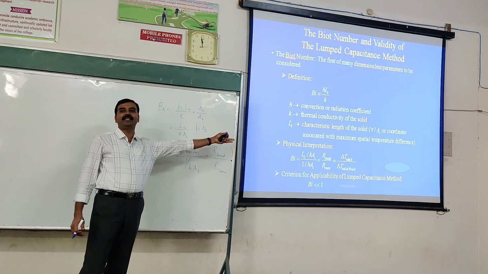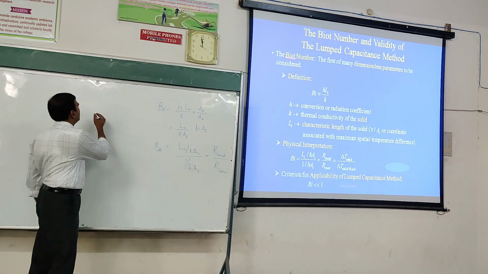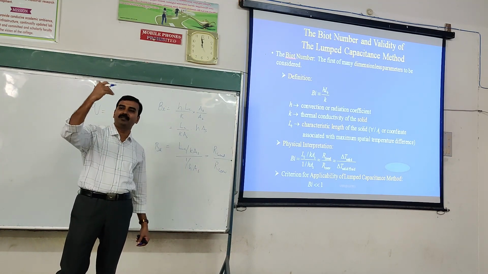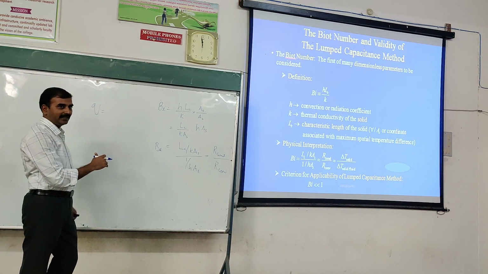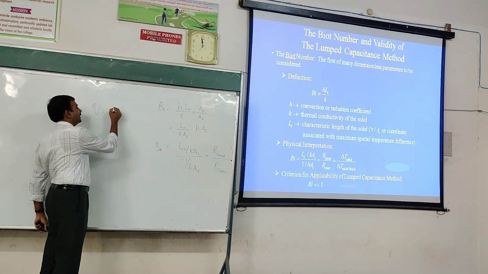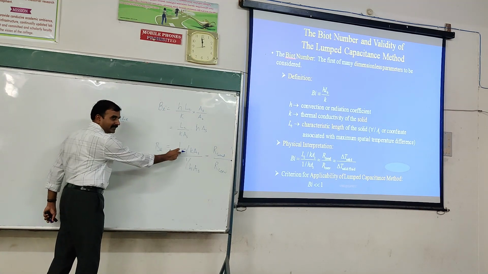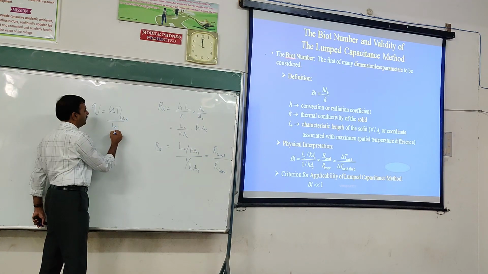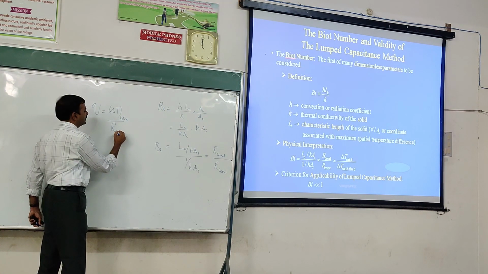You can further represent it in the form of temperature drop as well. See, suppose there is heat transfer between the solid and then from the solid to the surrounding fluid. Now the heat transfer is in series. So you can write Q as the temperature difference within the solid, divided by the resistance offered by the solid, which is the conductive resistance.